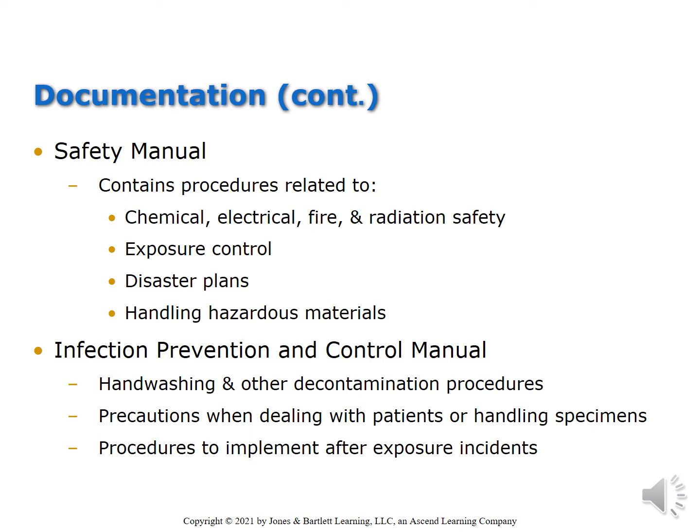The manual addresses items such as hand hygiene, precautions to take when dealing with patients or handling specimens, and how to handle accidental contamination, including procedures to be implemented following exposure incidents, and also proper reporting procedures as well.